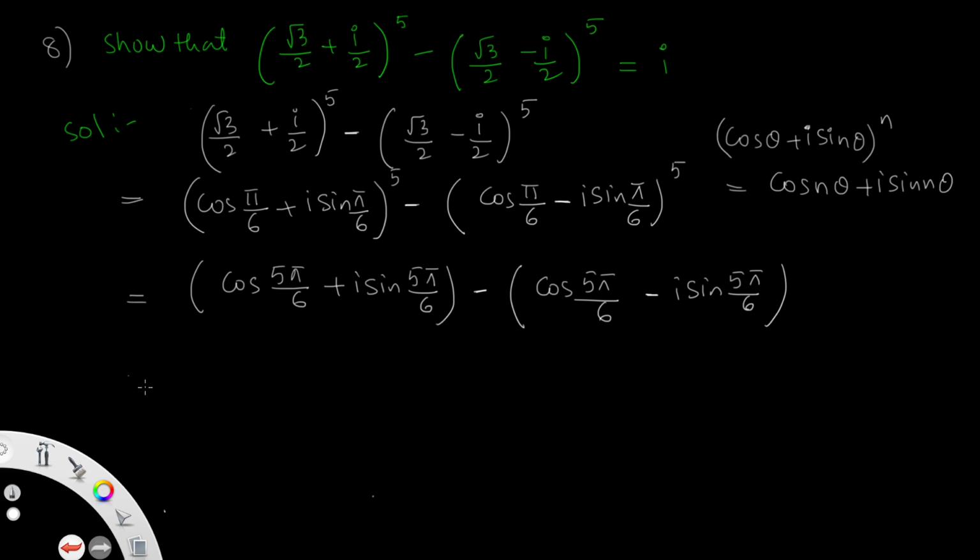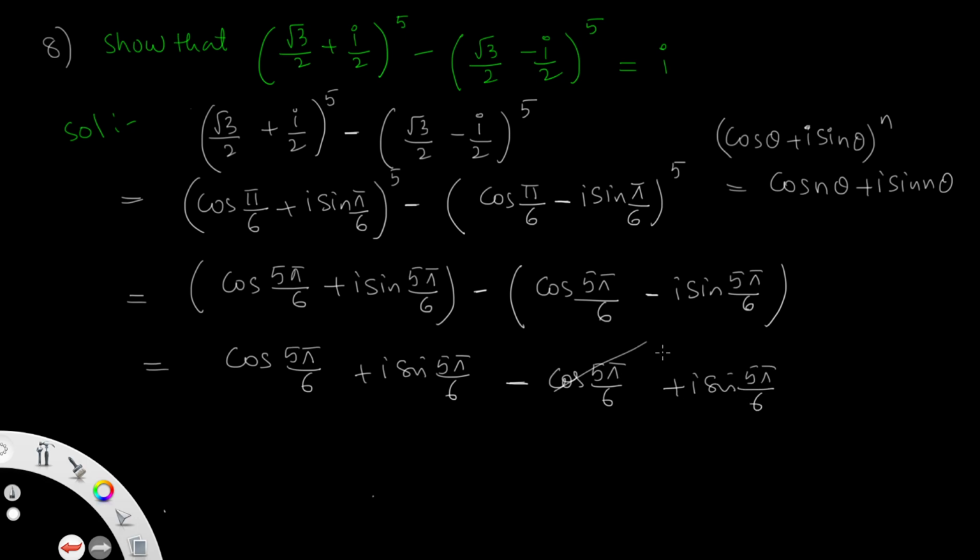Then simplify. In between minus is there, so you get cos 5 pi by 6 + i sin 5 pi by 6 − cos 5 pi by 6 + i sin 5 pi by 6. So the cos terms will be cancelled. Then you get 2i times sin 5 pi by 6. 5 pi by 6 is nothing but 150.